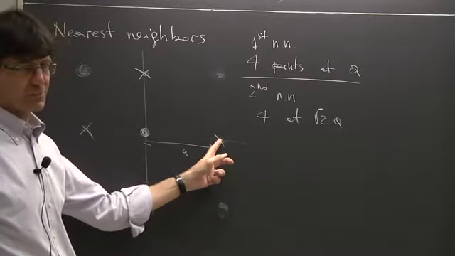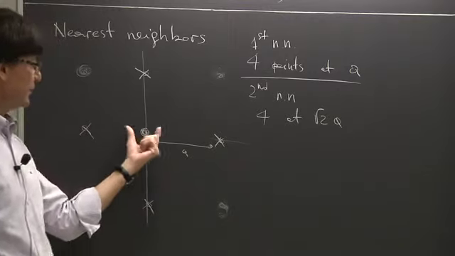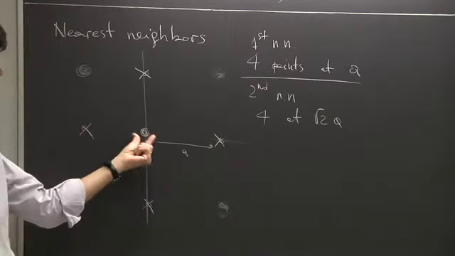So if I want to determine the overlap or the interaction between the electronic states of these two atoms, it is important for me to know that this charge density is going to overlap primarily with a given set of nearest neighbors, the 4 nearest neighbors, and then to a lesser extent with the charge density of the second nearest neighbors, and to an even lesser extent with the charge density of the atoms that are far apart.